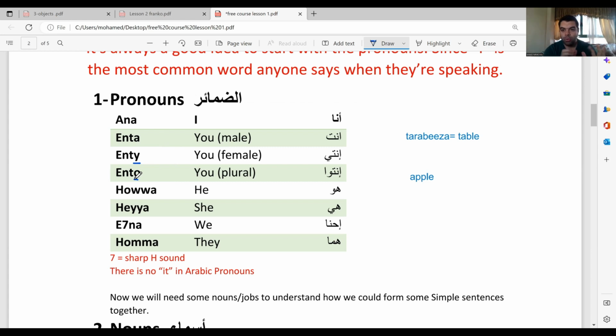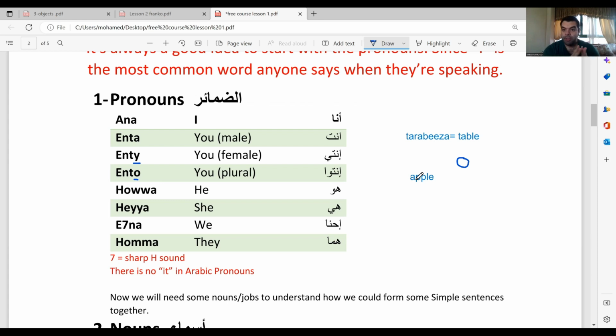It's into. Now, did you notice the difference here in the vowel? In English, when you say the letter O, there's like this W that you add. But in Arabic, it's a flat sound. It's U, into, like that. Okay? Into. So, ana, inta, inti, into.